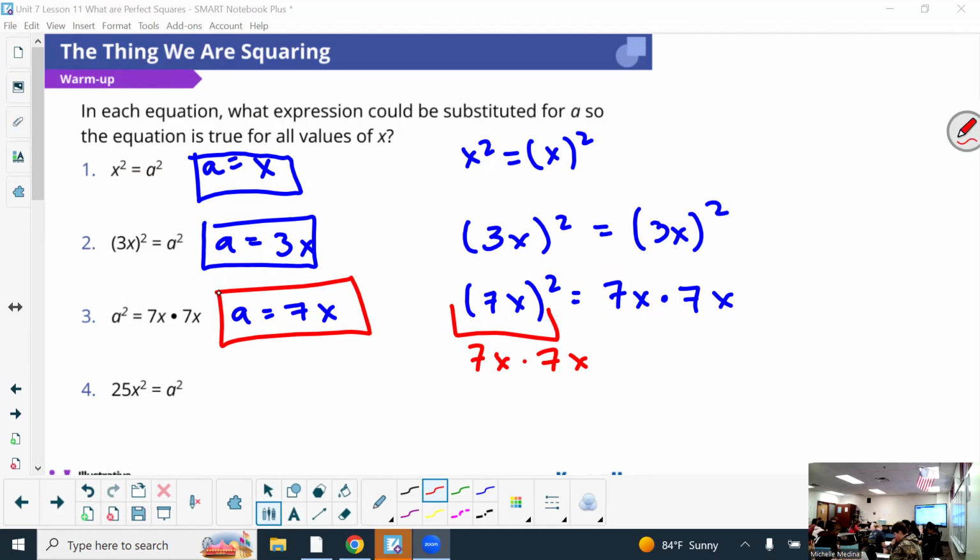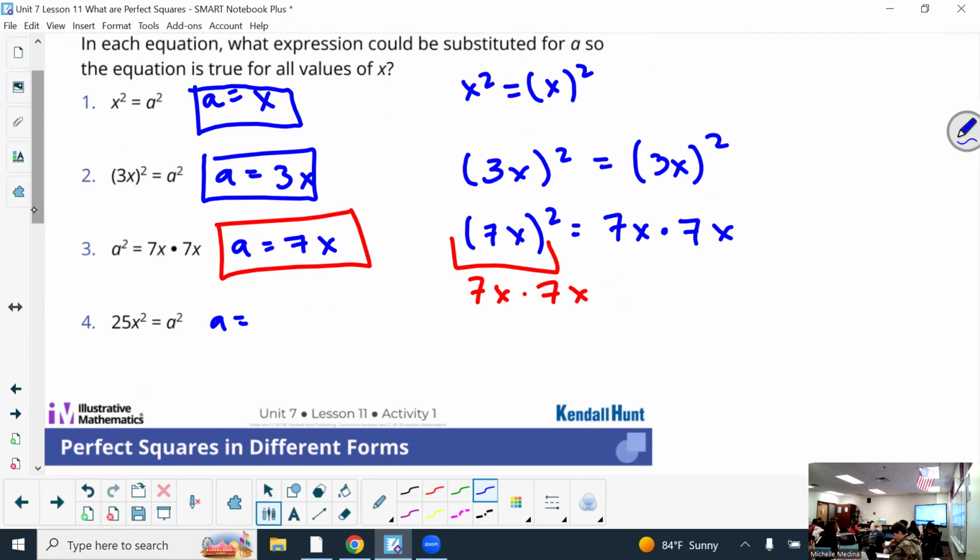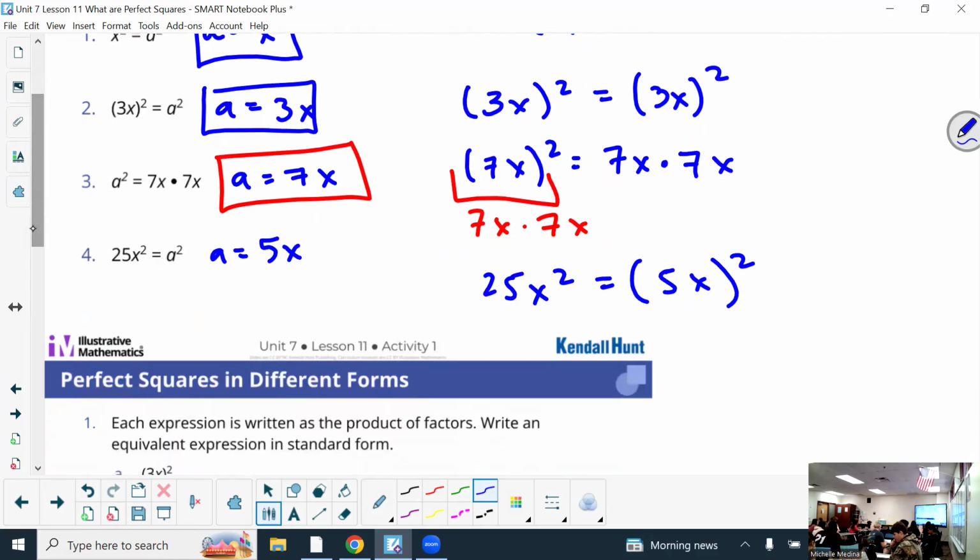Table 6, what about the last one? What does A have to be for the last one? All right. So if we plug it in, and anytime we plug in, we should use parentheses, are those equivalent to each other?